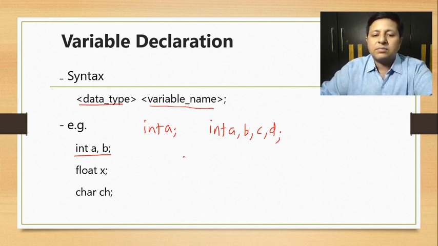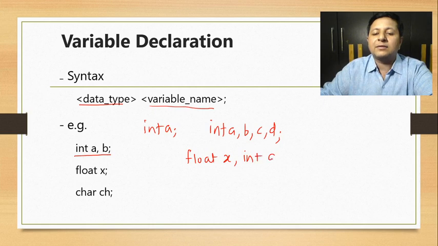Suppose I want to declare one float and one integer: float x, int a. Don't worry, I'm not writing this.